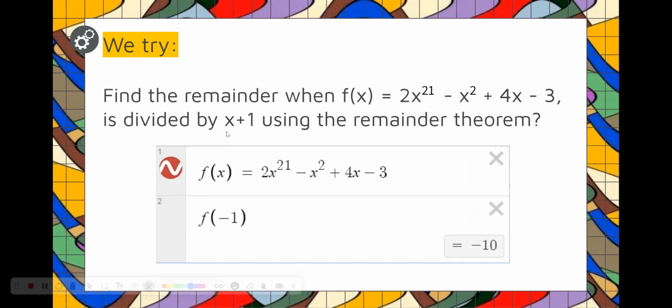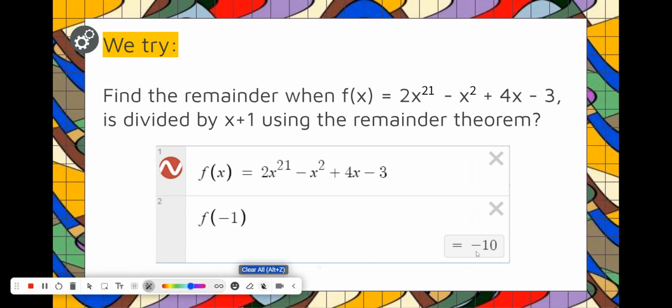It says the factor is x plus 1, so that would be f of negative 1. And look at what we got here: minus 10, which means the remainder is negative 10. So whether we do synthetic division or decimals, we are still getting the same remainder.